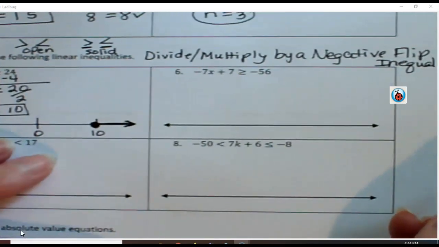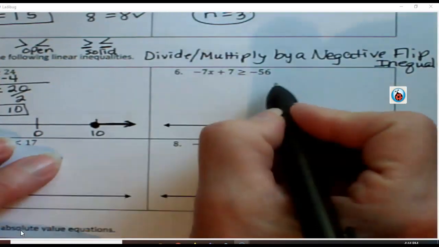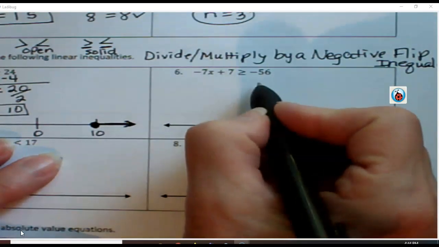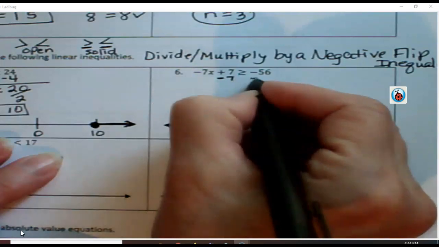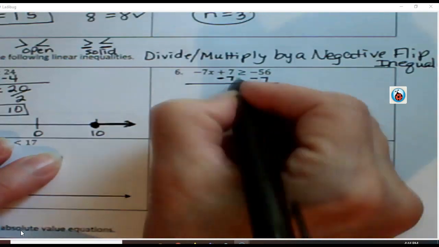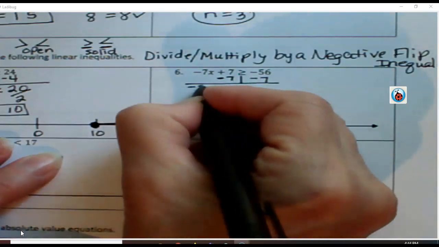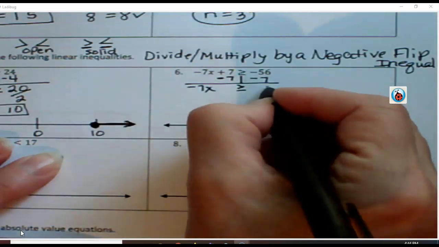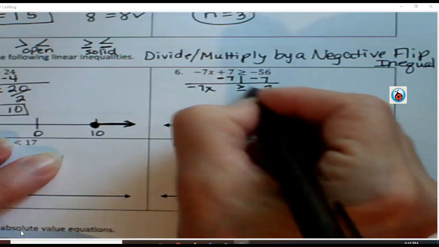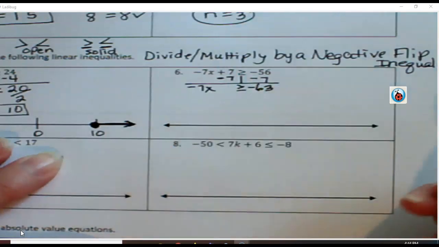Okay, here we go. We're going to look at number 6. Okay, no parentheses, no combined like terms. My letter's to the left, so I'm going to do the numbers to the right. Okay, so I get negative 7x is greater than or equal to negative 63 when I put it together.